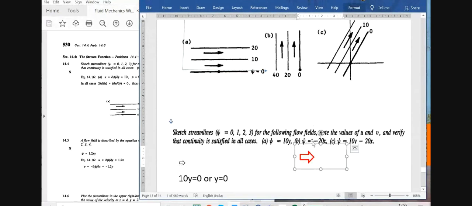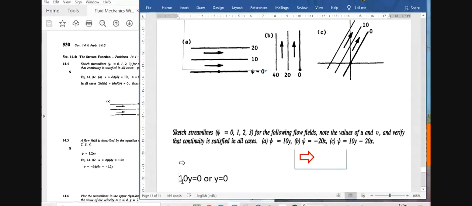Now the equation is psi is equal to minus 20x. So minus 20x is equal to 0, or x is equal to 0 is the equation of the streamline.